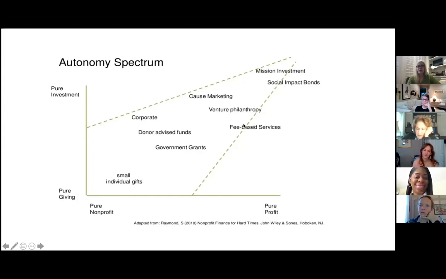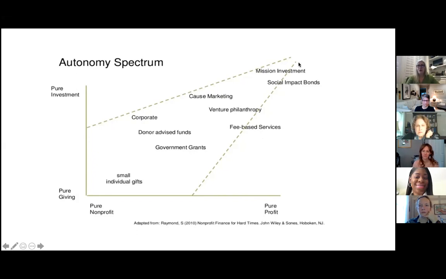We have the dollars used to deliver the training, and then we have the dollars that are the margin that really are general operating at that point. We can use them for reinvesting in mission, or I could use them to fund a position that I wanted, or upgrade my technology, anything.